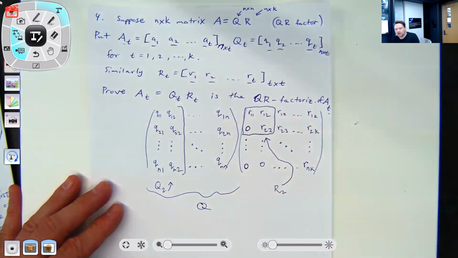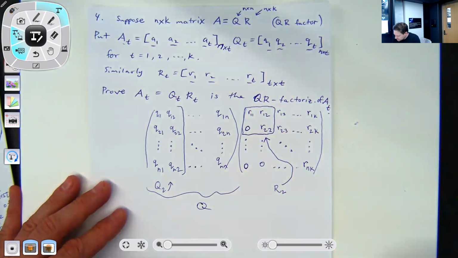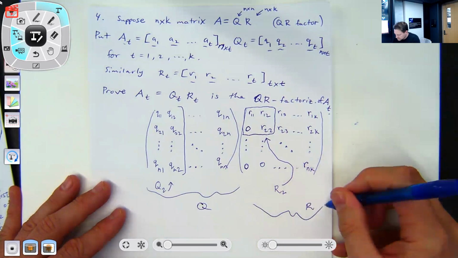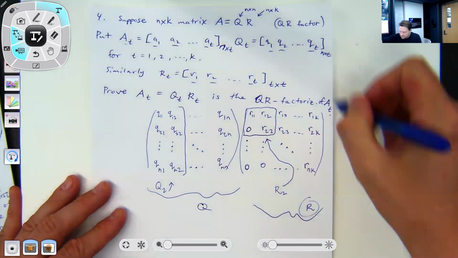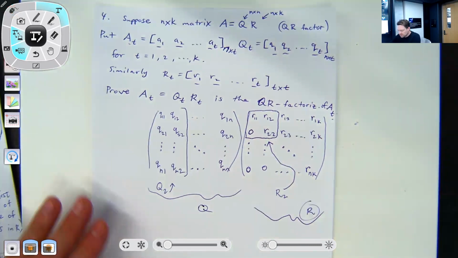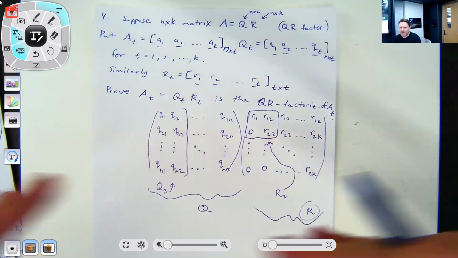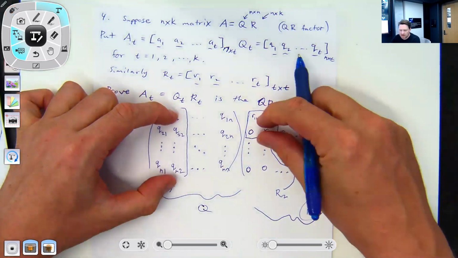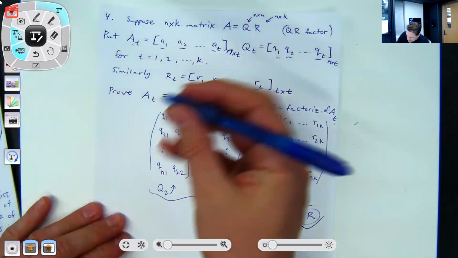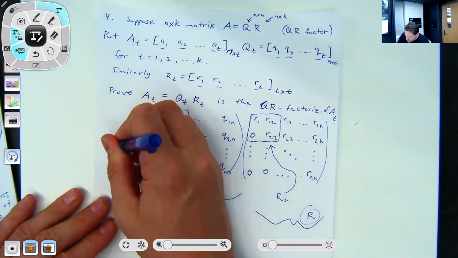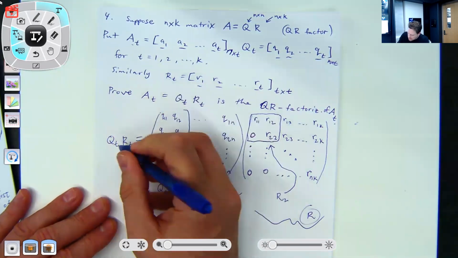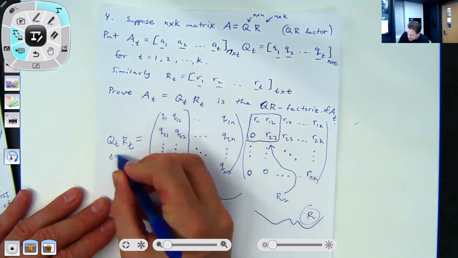This is R2, and the whole thing is R. If we took the whole product, this would be A. But since I'm only referring to the boxed parts, that's Q_T, R_T, where T is 2.